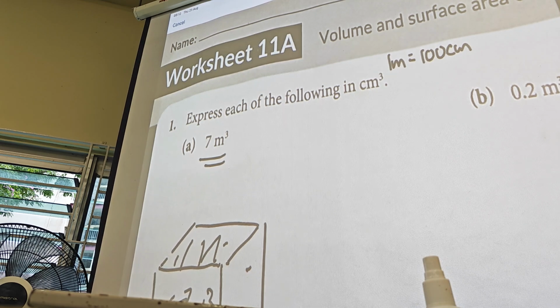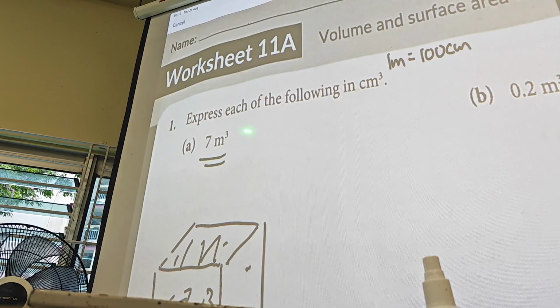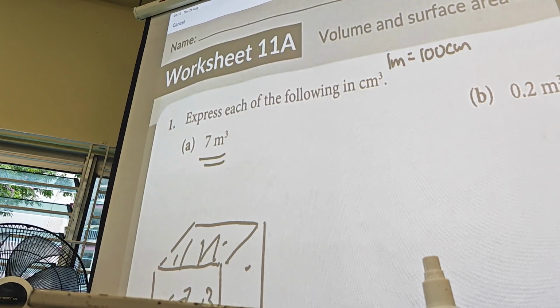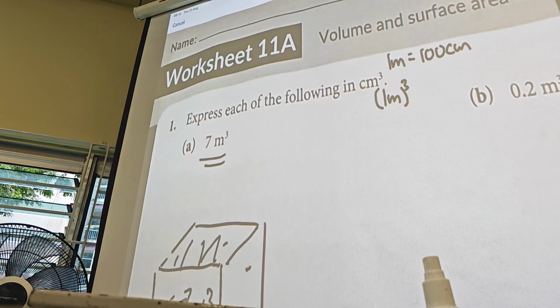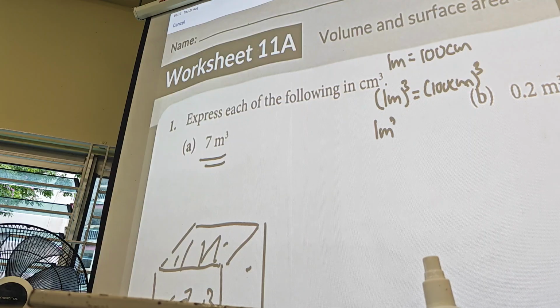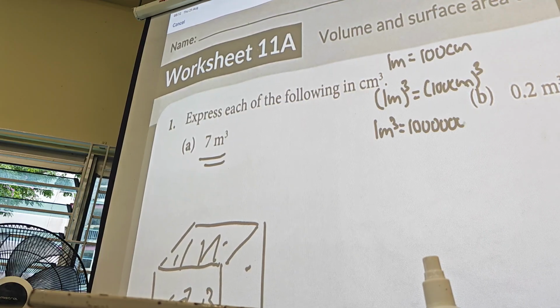Every 1 meter is 100 cm. But now I'm talking about volume, so I'm talking about meter cube. So I will cube my left and cube my right at the same time. Then I will have 1 meter cube is 100 times 100 times 100 cm cube.